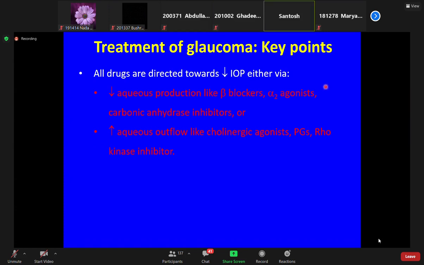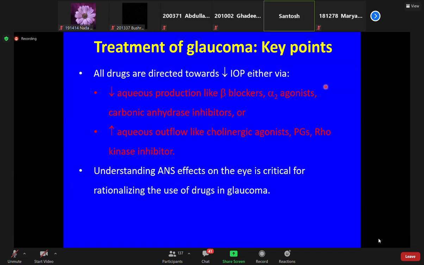Can you name beta blockers? Timolol, betaxolol, levobunolol. Alpha-2 agonists? Brimonidine and apraclonidine. Carbonic anhydrase inhibitor. Can you name the systemic one at least? Acetazolamide. So zolamides. Good.